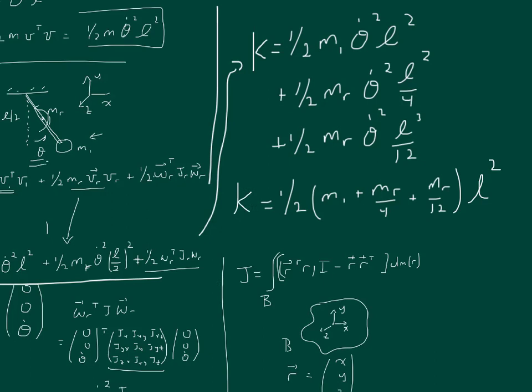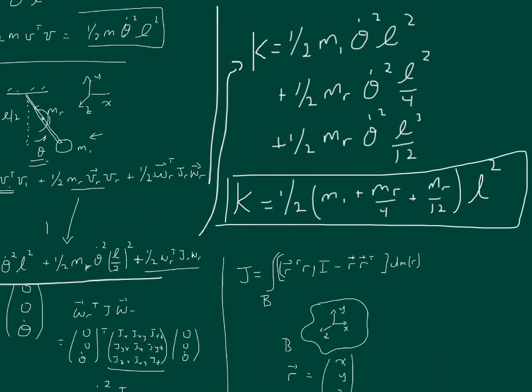And that's going to be the total kinetic energy. Notice there's a theta dot squared here. Notice that if the mass of the rod is 0, then this is the same formula that we got before.